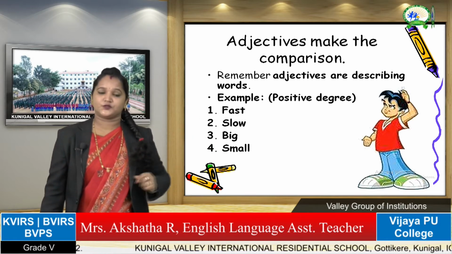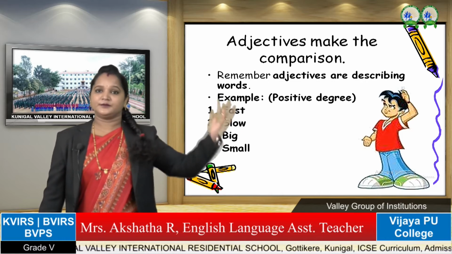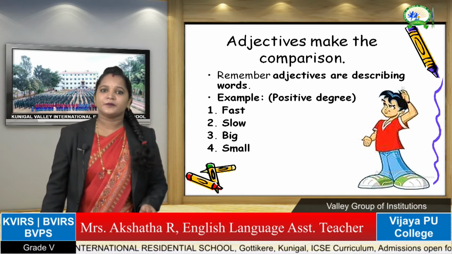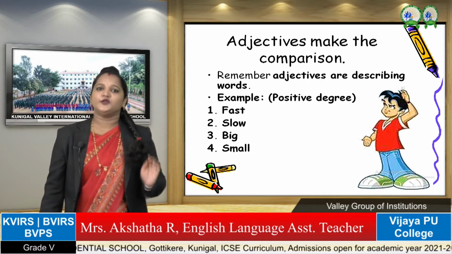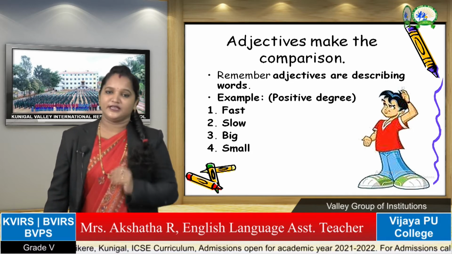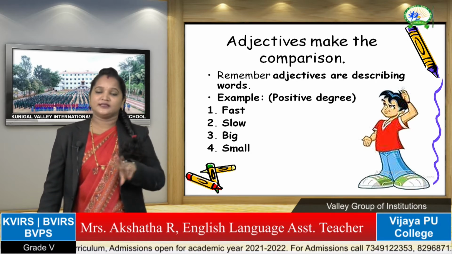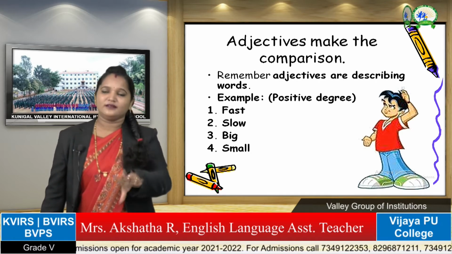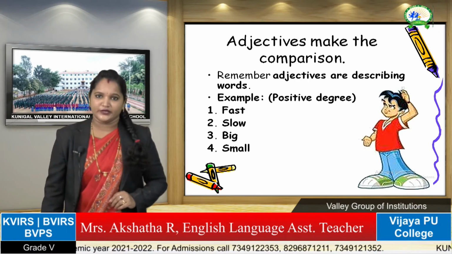The train is fast. She is slow. It is big. It is small. When we talk about only one thing or one noun, we use the positive degree. Here there is no comparison, because we describe only one thing or one person. That is called the positive degree.